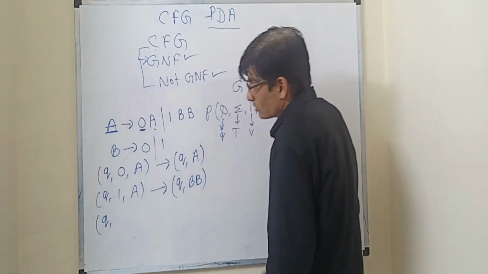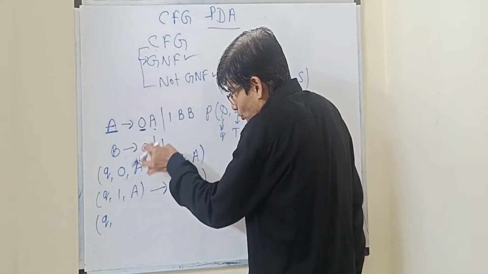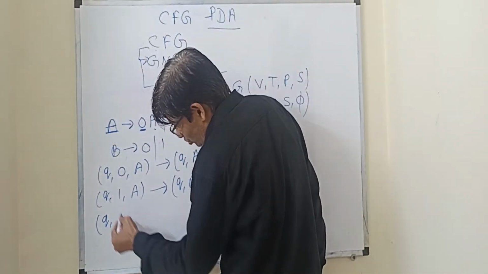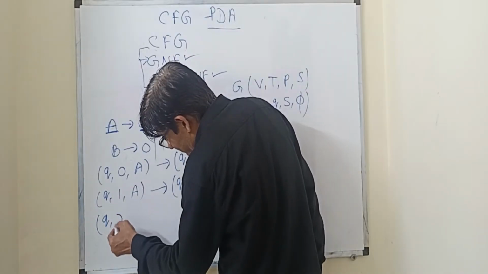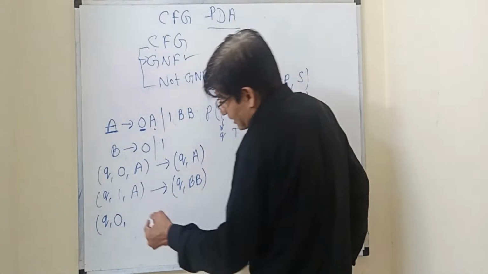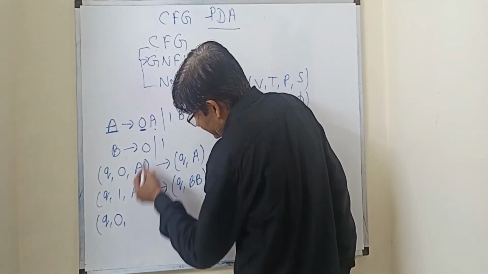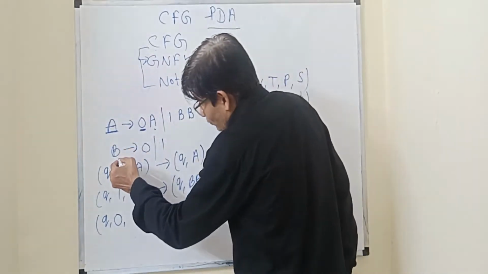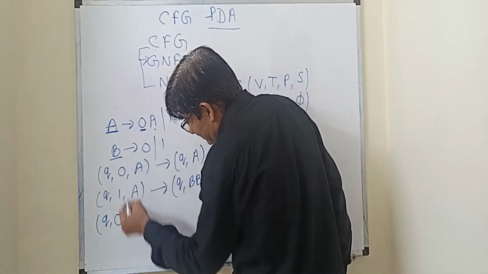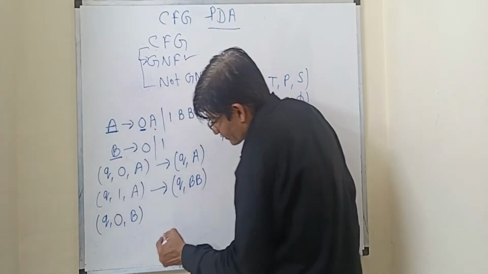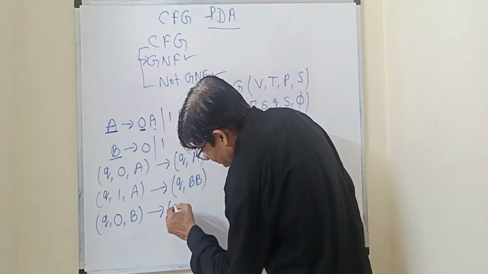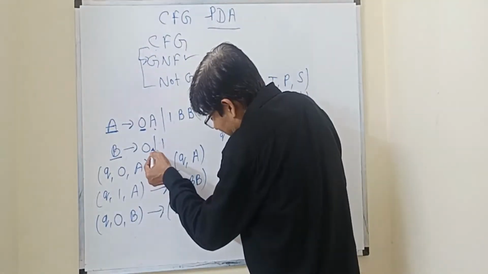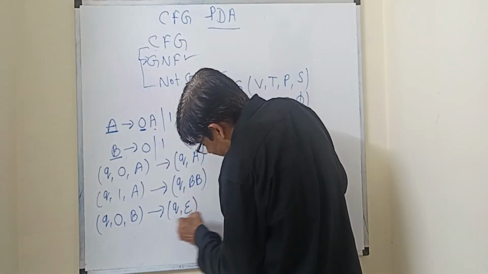Now there are again productions where we are generating only a single terminal. So we can use current state as Q, current input symbol as 0, and you can see nothing is there in the right hand side, but the current stack top we will consider as the left hand side variable B. This will be written as Q, next state as Q, and as there is nothing here, we use epsilon.